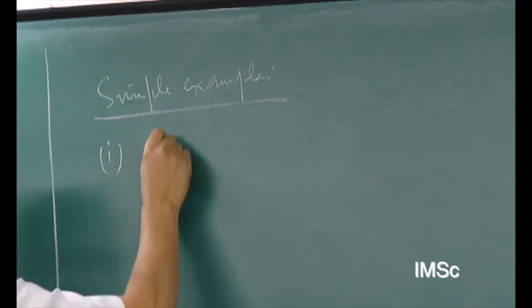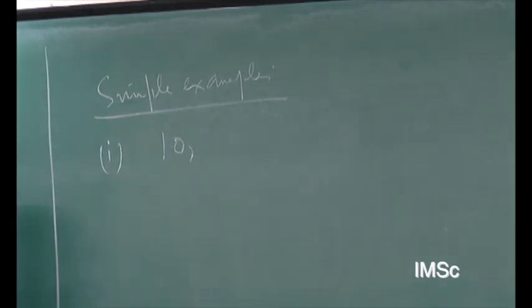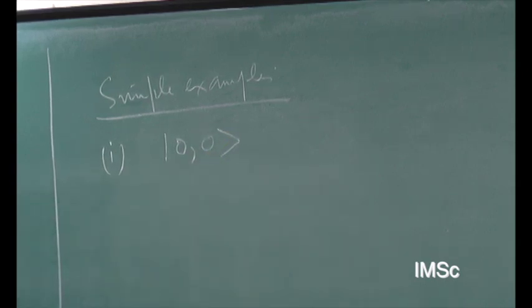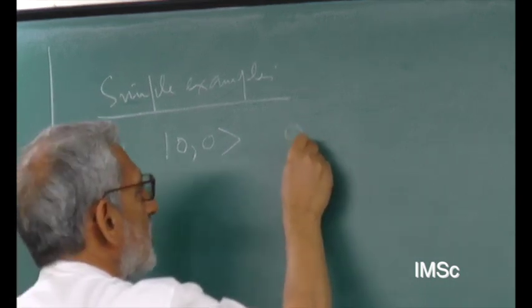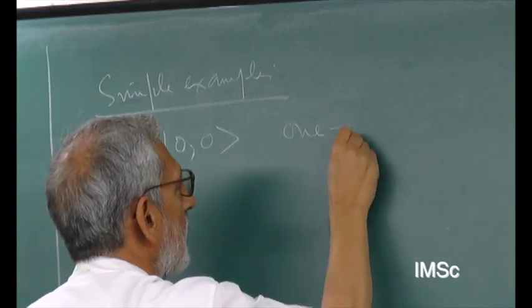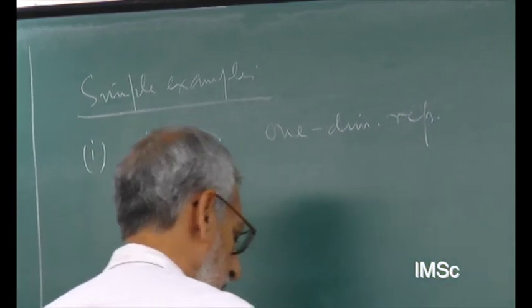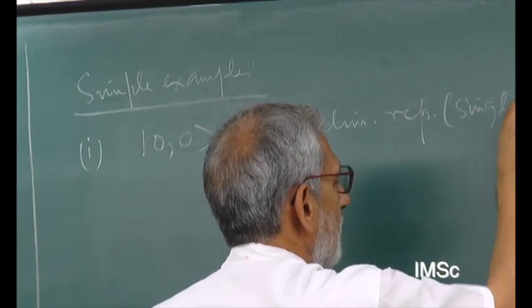If small j is 0, m is 0 by the rule that we specified. So this is a one-component representation, a one-dimensional representation, because it has only one component. Sometimes it is also called a singlet.